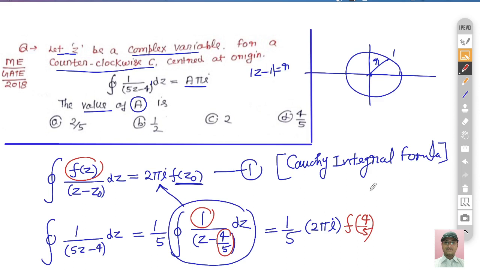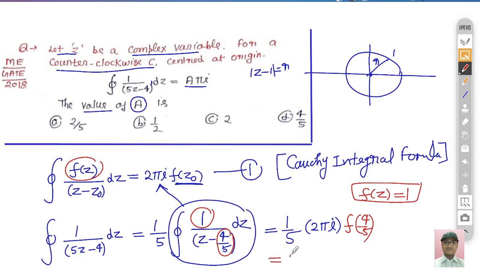Now once you have compared, what do you observe? f(z) is basically a constant value 1. So whether you put 4 by 5 or 5 by 4 or whatever value, you just get a constant value. So it doesn't affect the overall result, right? f(4 by 5) is again 1.